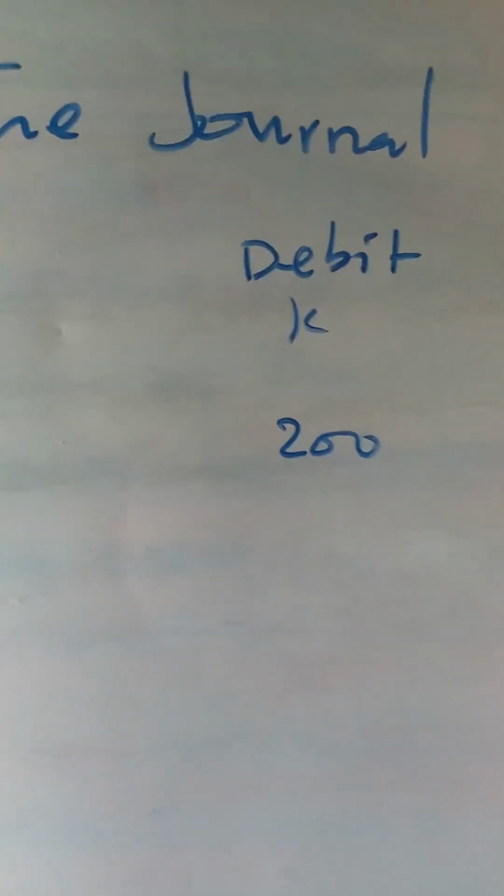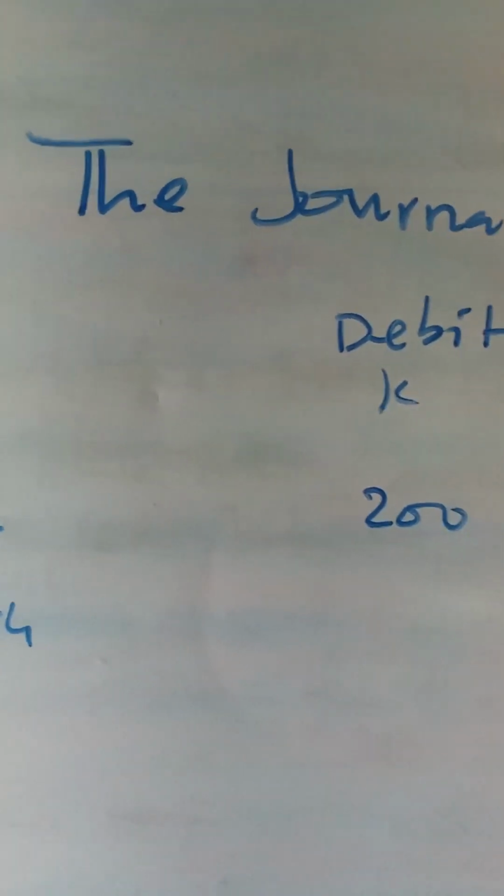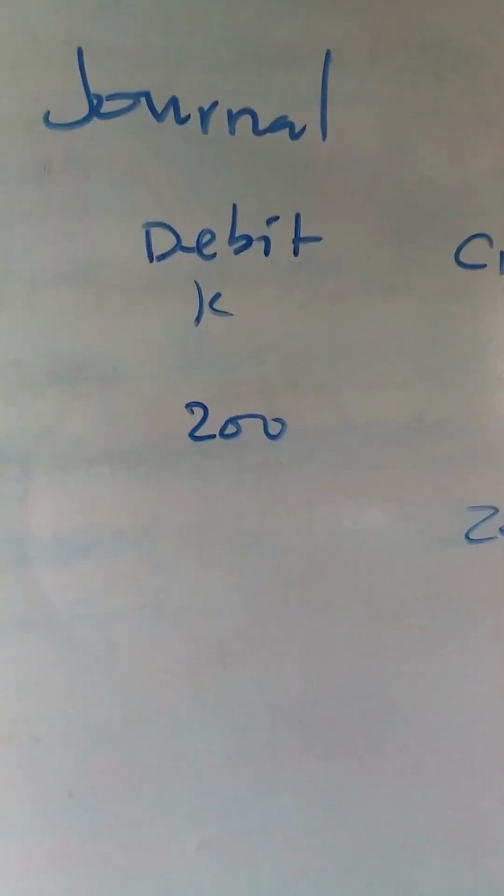But let's quickly run into a more practical question where I'm going to handle the suspense account and the journal entries themselves, and then it's going to make sense. I'm going to read the question, so you should be pausing this video and jot down the question and then follow through to see how I have solved it.